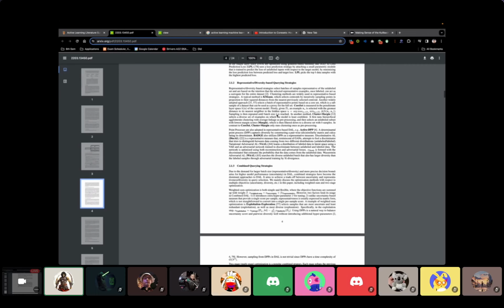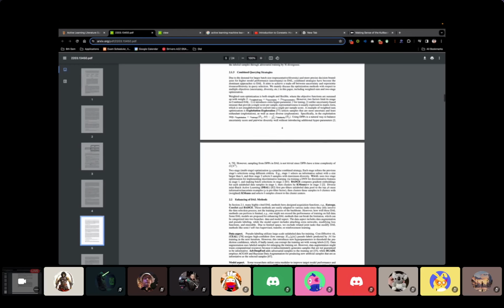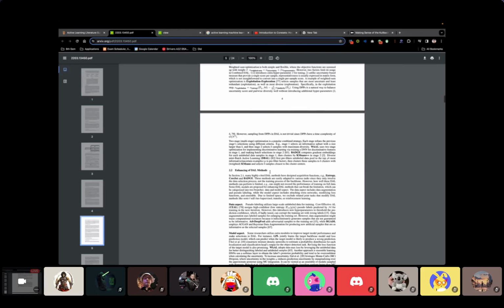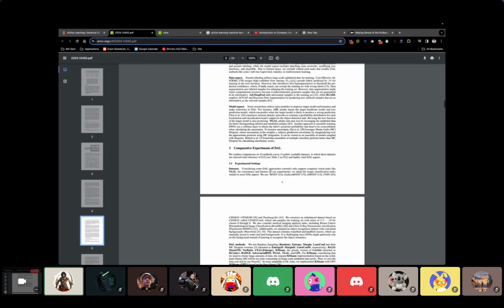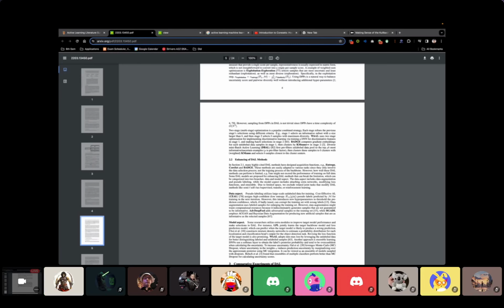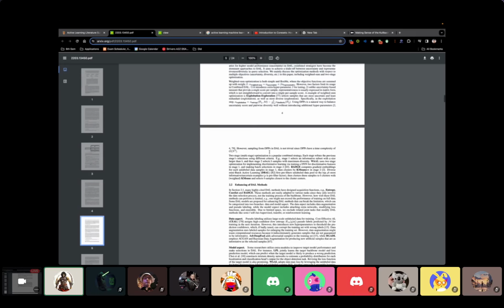For example, how to define the vote strategy in query by committee and all those things. So you can read this for fun. They are too complex to explain. Maybe I'll share some resources if some of you are interested.